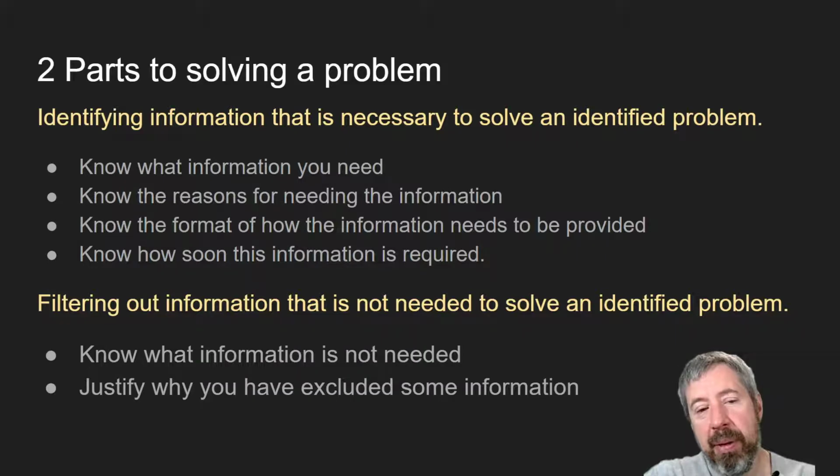And then you might want to justify why you've excluded that information. You might not want the tire pressure because you're not performing any calculations with it. Your model only requires simple mechanics, and it's not that detailed.